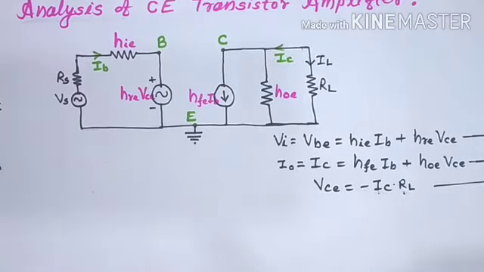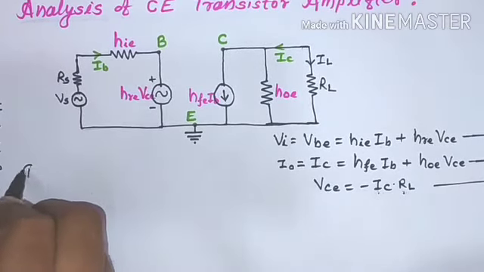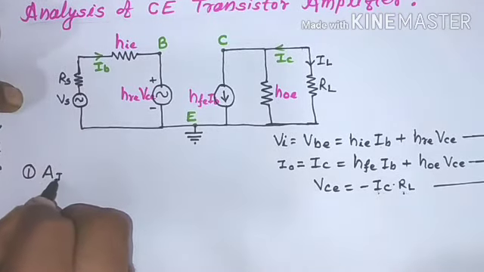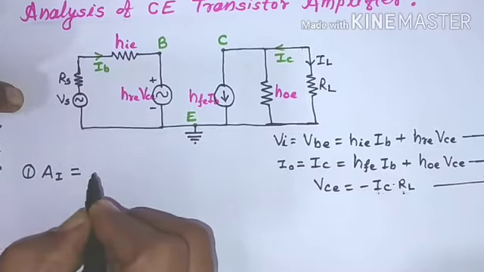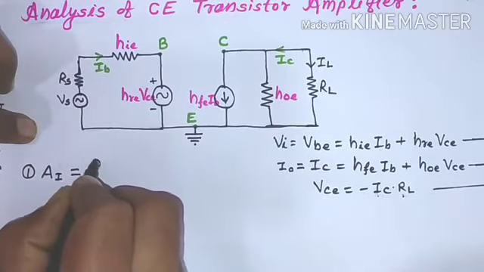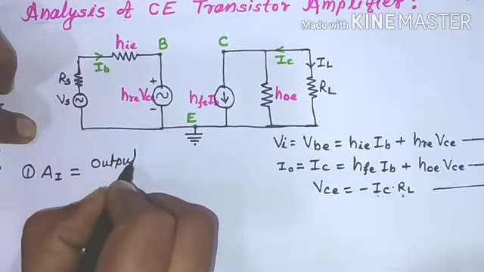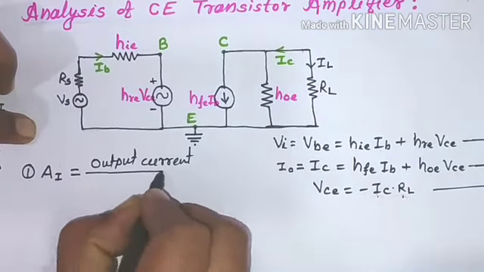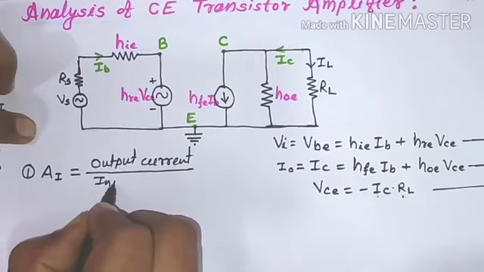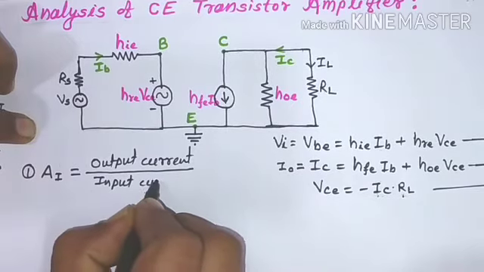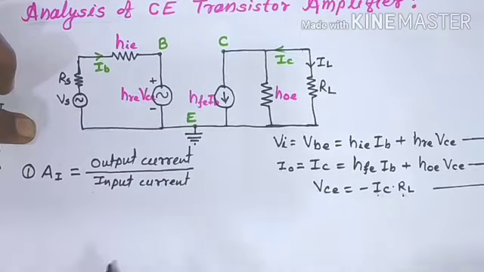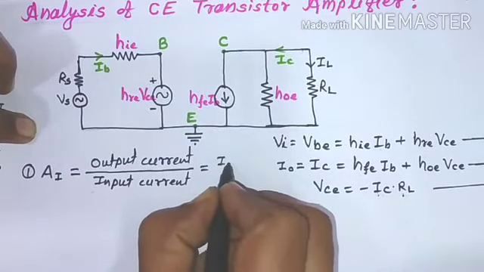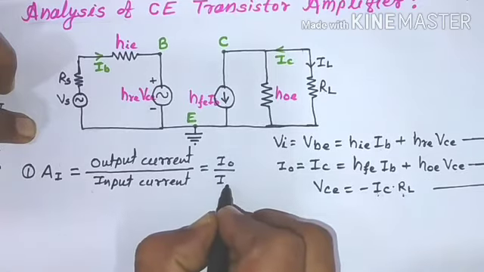Now in order to find the first expression, the current gain, indicated as AI: AI, the current gain, equals the ratio of output current to input current. That can be written as output current IO upon input current II.